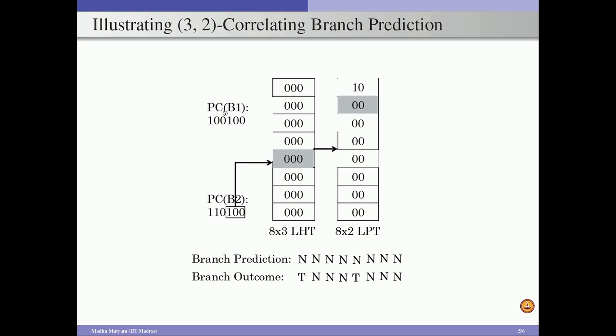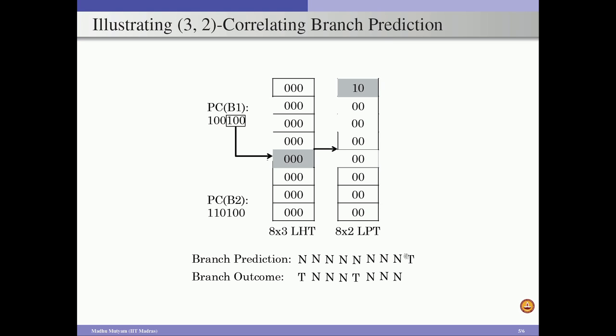Now when branch 1 comes, it is pointing to this entry which is 0 0 0, and 0 0 0 is pointing to the 0th entry in LPT which has the value 1 0. This indicates that the branch is predicted to be taken, because we know that from the 2-bit dynamic branch prediction, if the state is 1 0 or 1 1, we predict the branch to be taken.